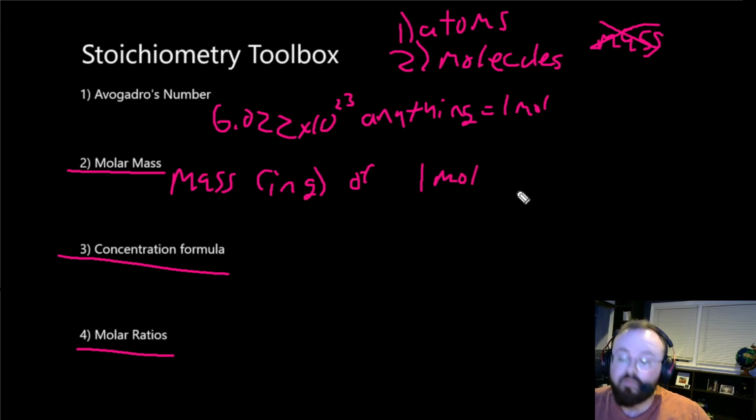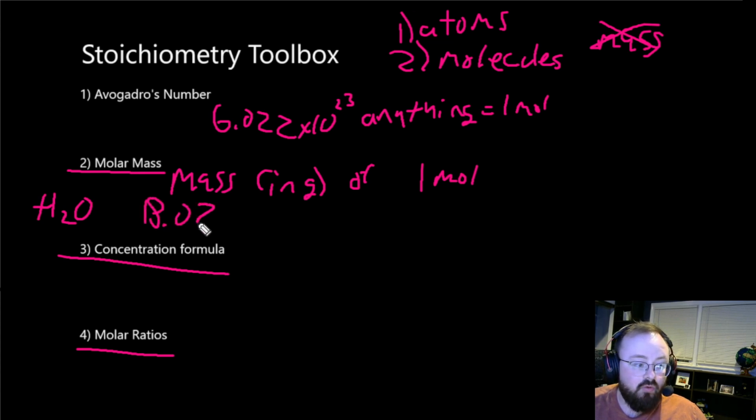Okay, refer to my previous video if you want to know how to calculate it. But let's just take, for example, water. The molar mass of water is 18.02 grams per mole. So what does this mean? This means that when we're talking about weight and we're talking about moles, we can convert between the two.